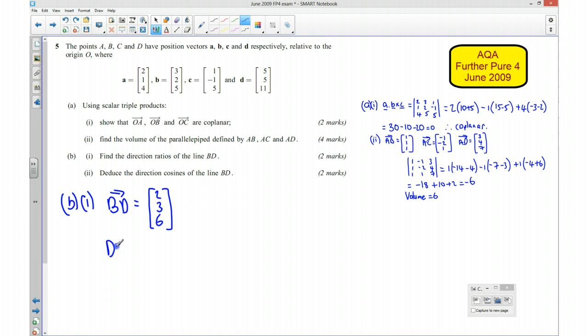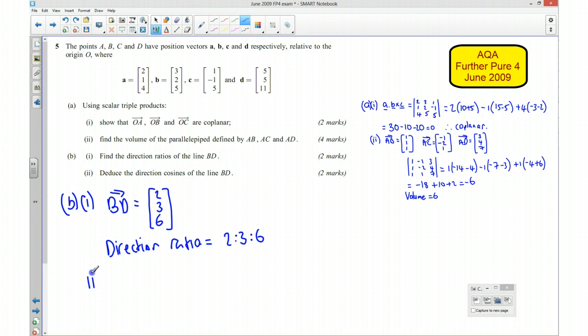The direction ratio is going to be the ratio between the x, the y and the z. So that's going to be 2 to 3 to 6, and it's as simple as that. So that's the direction ratio of the line BD.